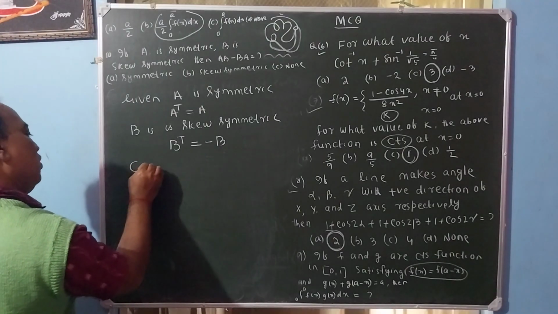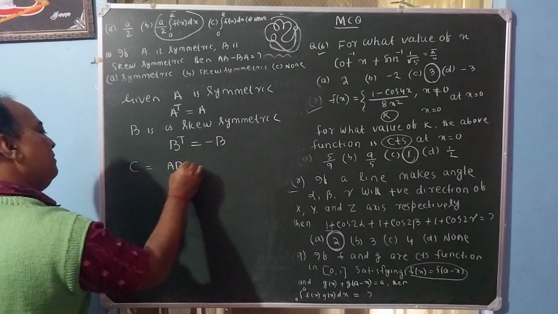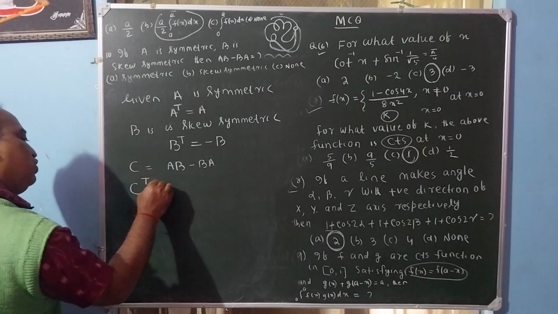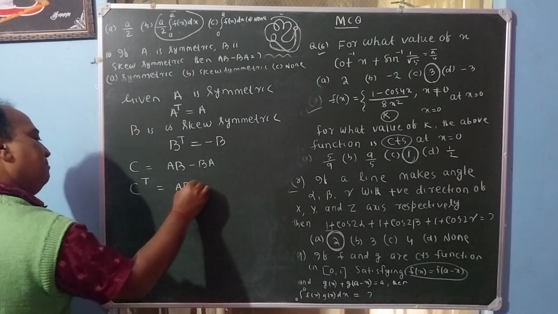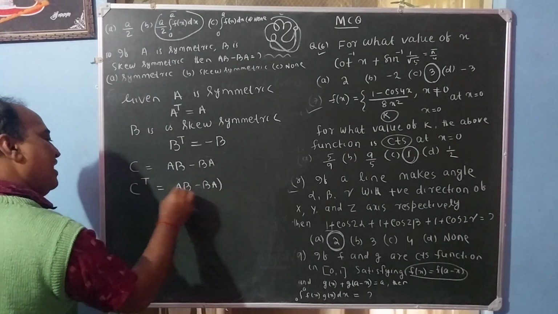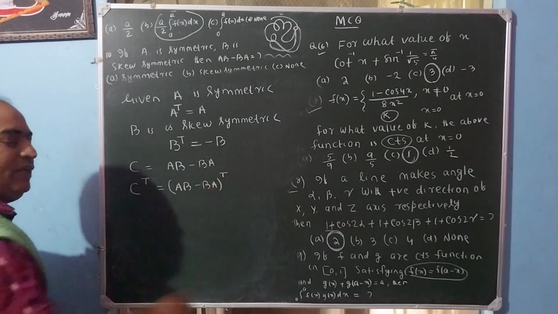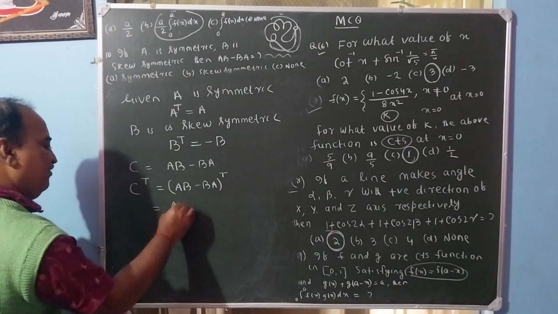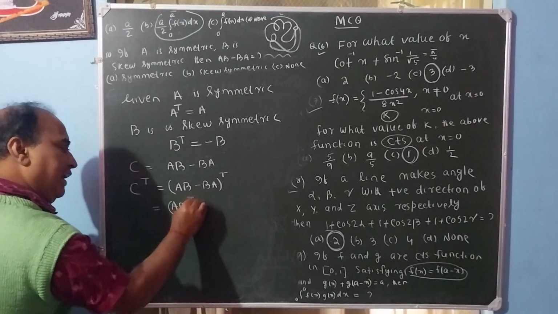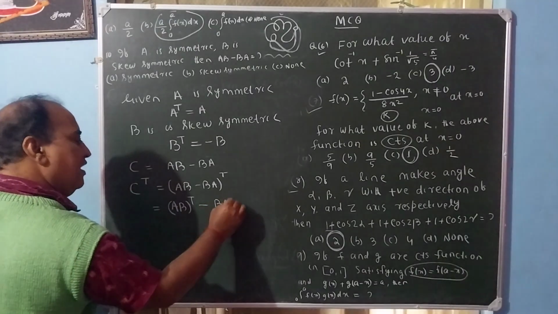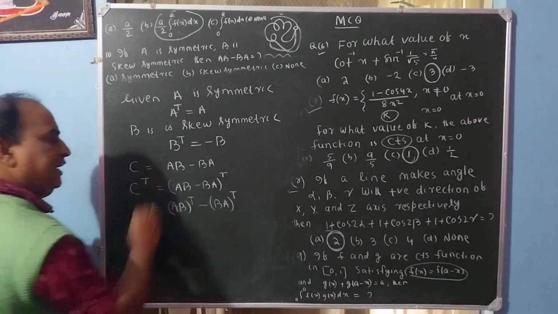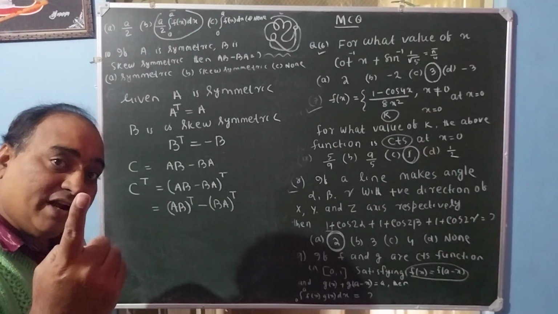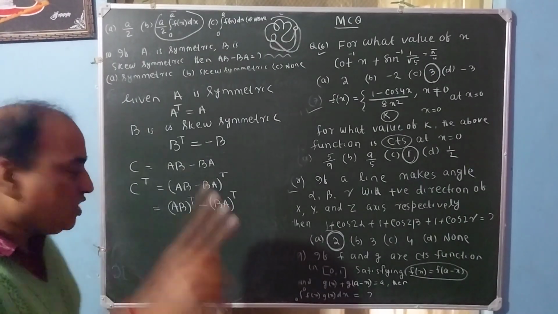So let C be equal to AB minus BA. You have to take the transpose of C: (AB minus BA) whole transpose. Transpose of a difference is the difference of the transposes, so that is (AB) transpose minus (BA) transpose. We know the transpose of a product is the product of the transposes taken in reverse order.